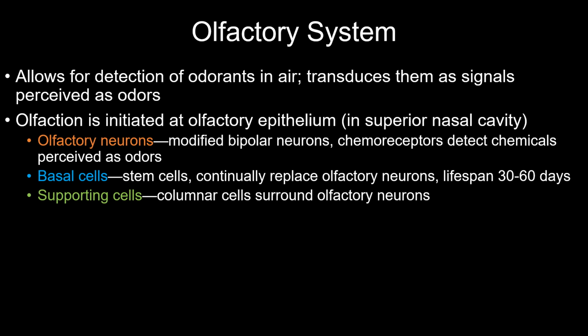Now, the actual process of olfaction is going to begin in the olfactory epithelium, and this is a small patch of specialized cells located in the superior region of each nasal cavity. This olfactory epithelium is typically yellowish brown and about the size of your thumbnail.